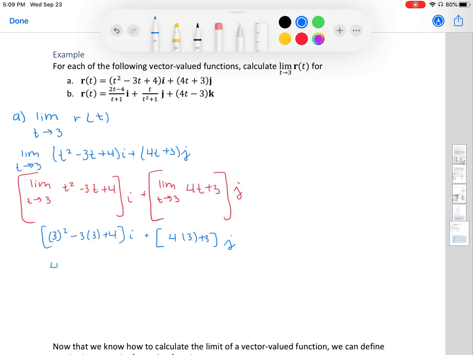And so then we get 4 i plus 15 j. Ooh, that should be an i. And there we have it. Same way for B. I think you can do B.